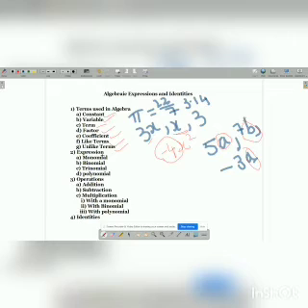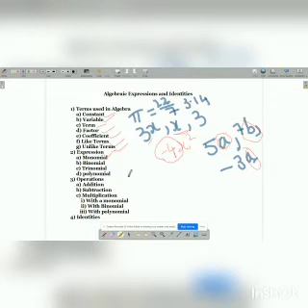Next, coming to an expression. An expression is nothing but a combination of terms using the arithmetic operations. You all know what arithmetic operations are, children. Addition, subtraction, multiplication, division. These are all arithmetic operations. So, a combination of terms using arithmetic operations.